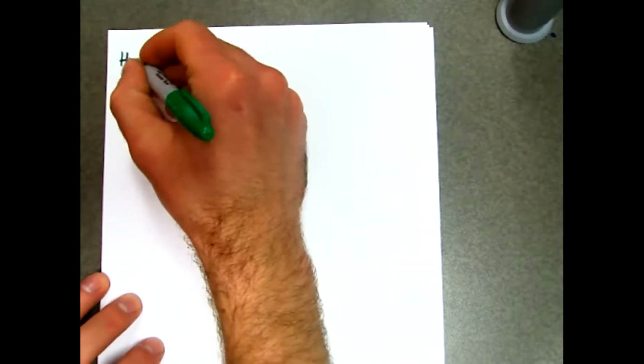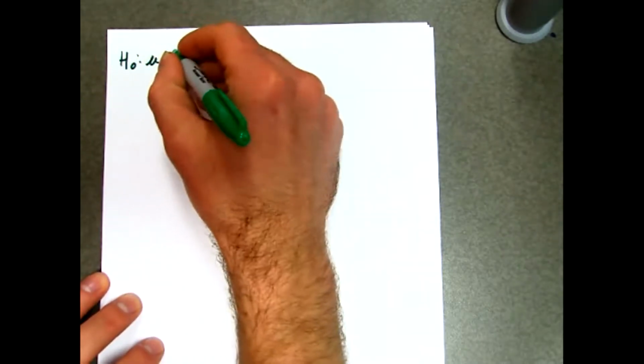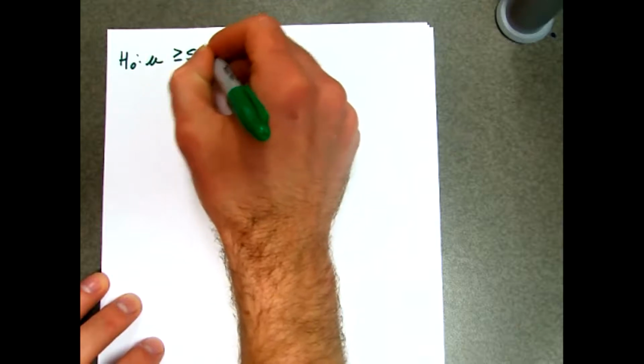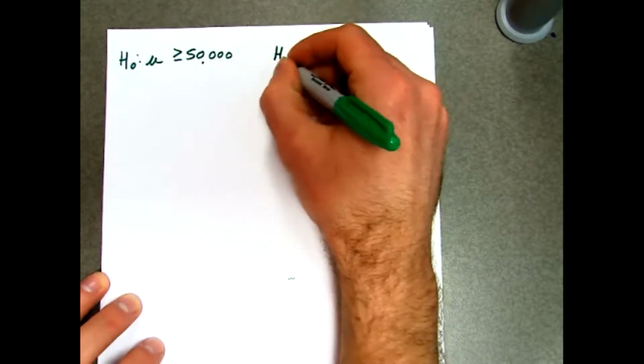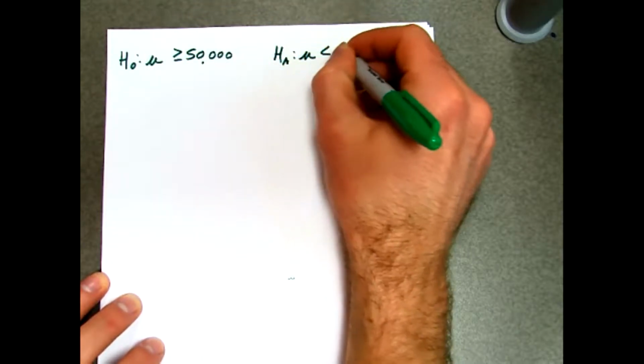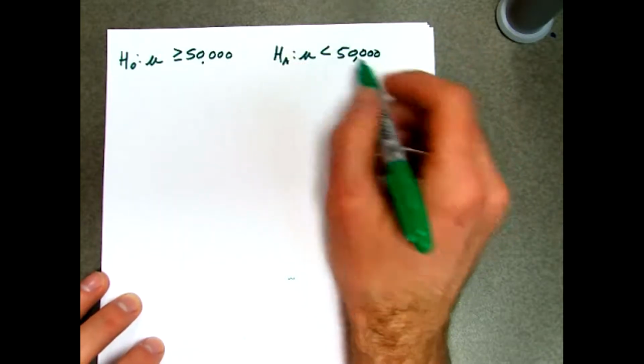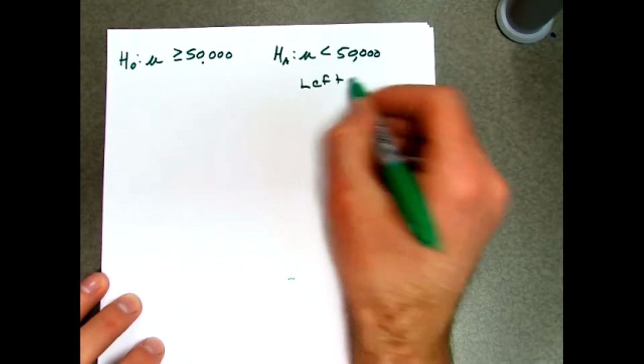Excuse me. So let's think about how things might look different. We just did a right-tailed test. So now I'm going to do a left-tailed test, right? Where we're assuming that the mean is less than 50,000.